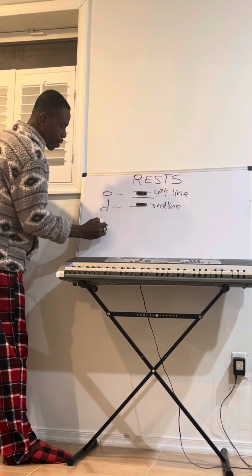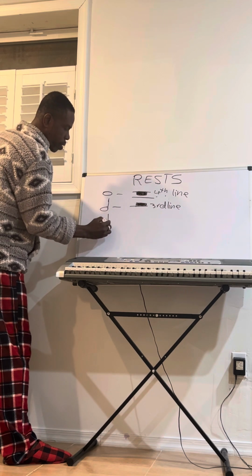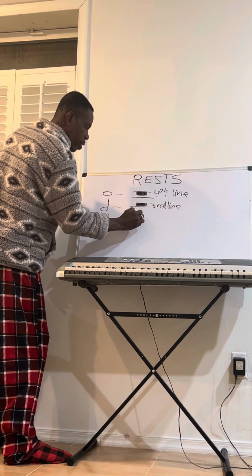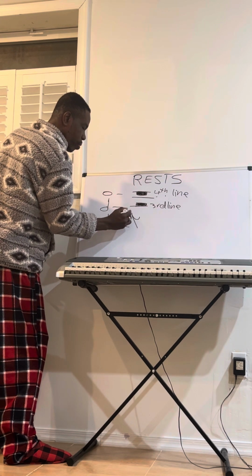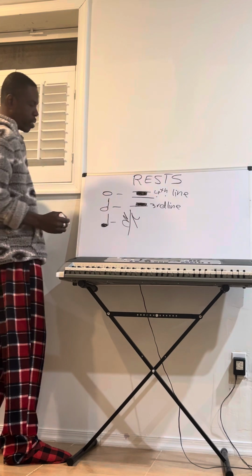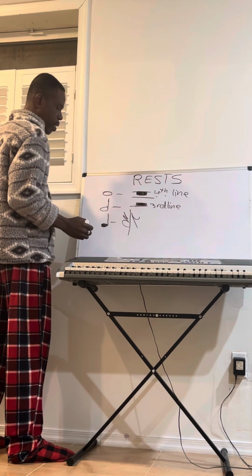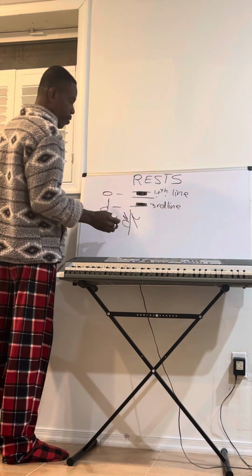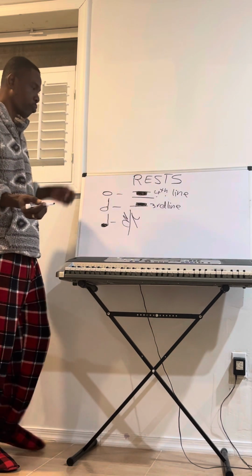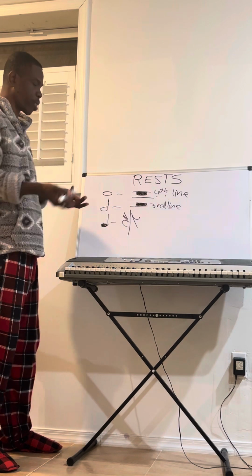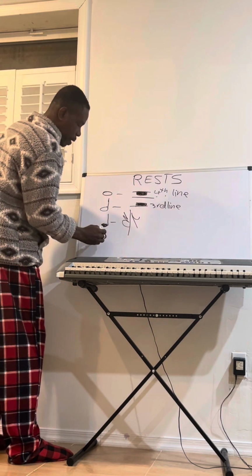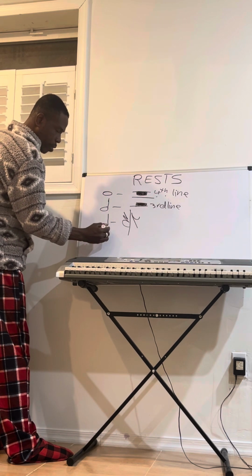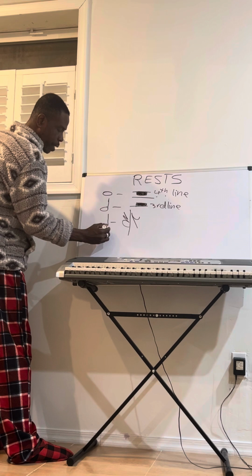Crotchet rest. Like that, yes, it's written like that, and it's on the staff. You'll see it in the workbook. Just put it on the staff. For now, we just look at how these are written.